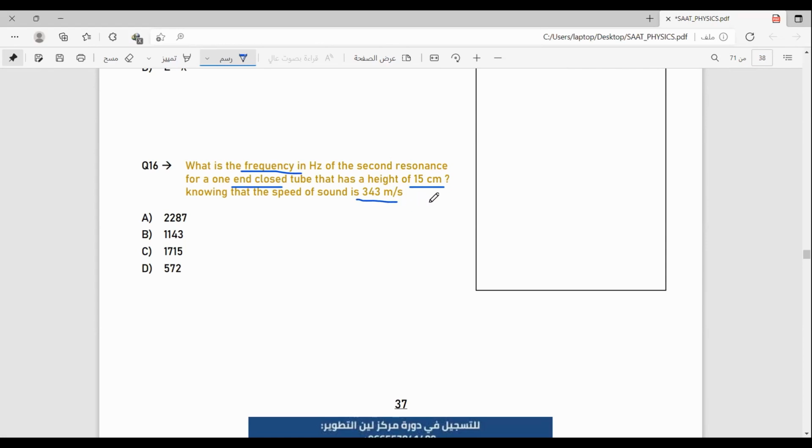What we are given here: first, the L, the height of the tube itself. Second, the velocity of the sound wave. They are making experiments on sound waves using these tubes to understand their behavior. Now we are asked to find the frequency, which is F.